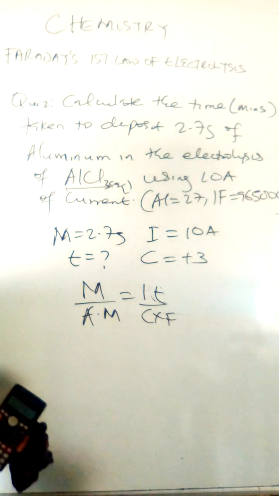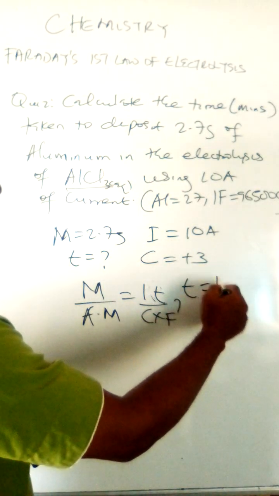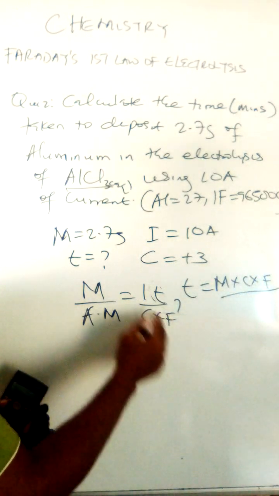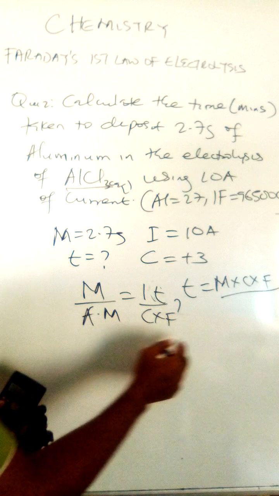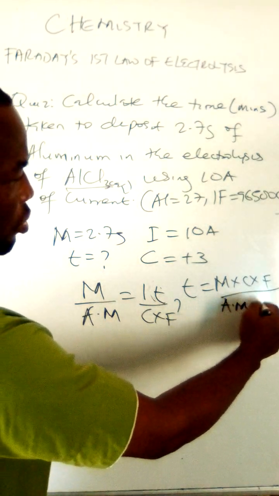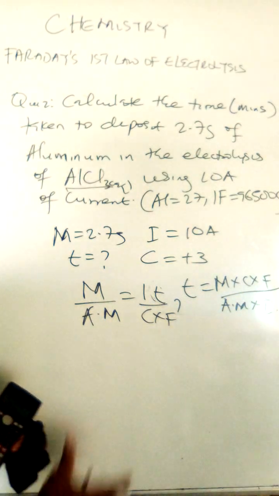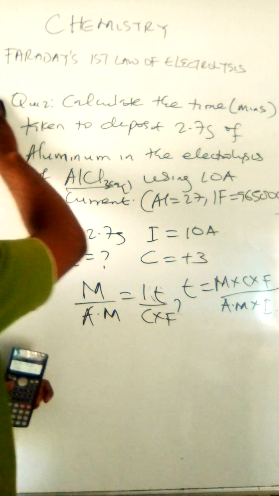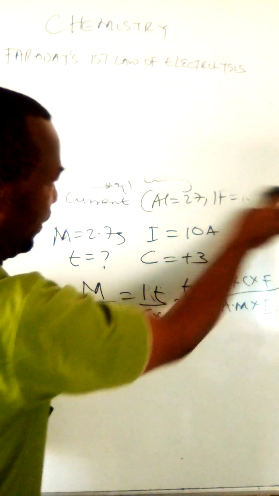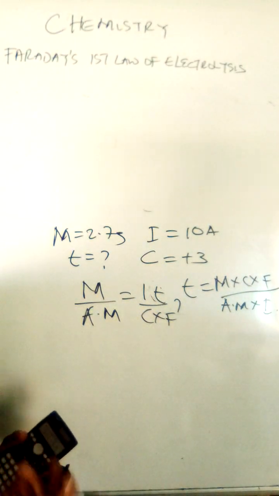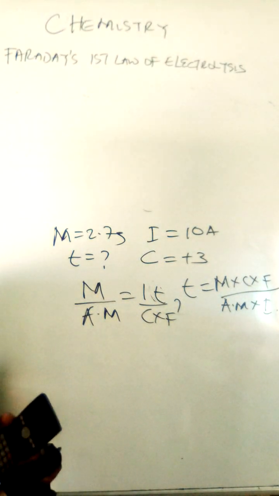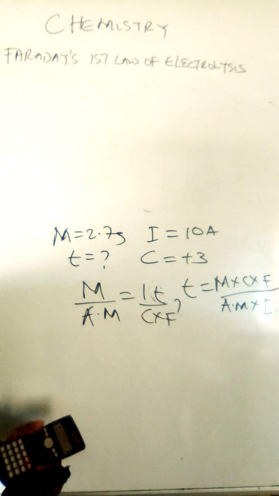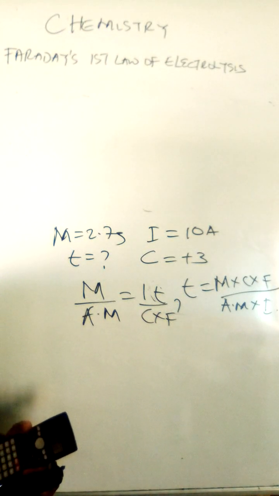Time becomes equal to M times C times F all over atomic mass times current. We then substitute in this formula and get our time. A very simple formula, a simple method of getting your answer as fast as possible. For those who write multiple choice questions or little questions, you can get your answer without wasting time on the reverse step of writing the chemical equation.